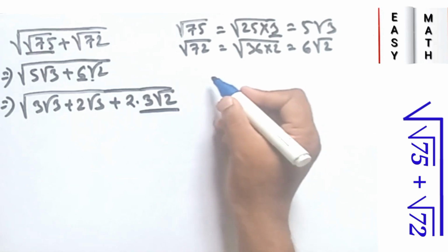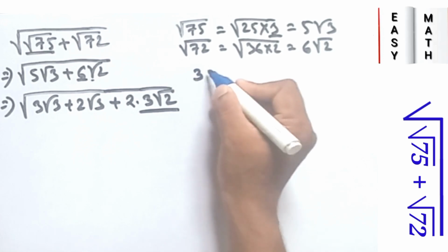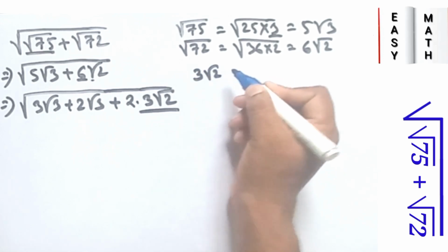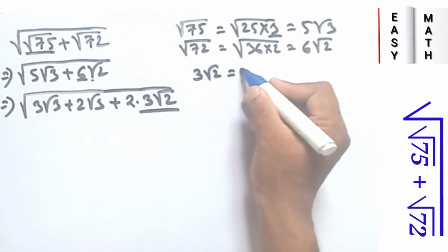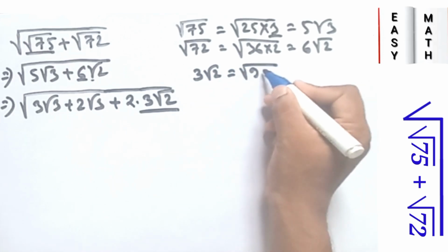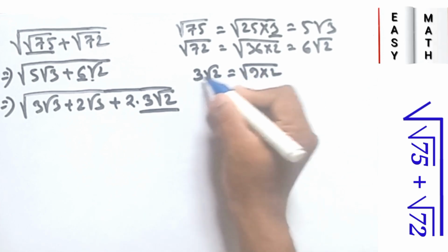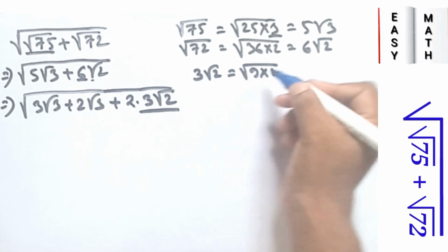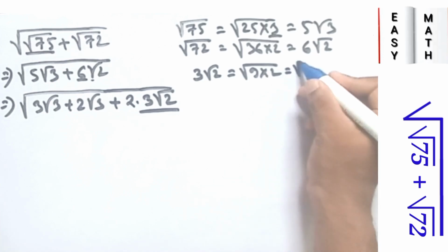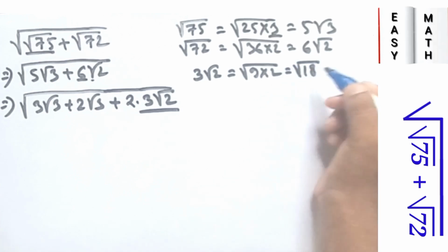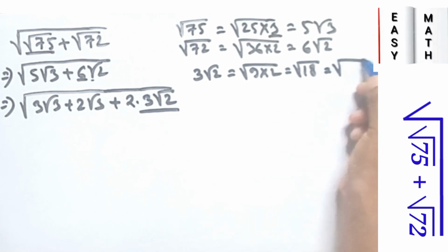This 3 root 2 we can write as root 9 into 2, which is root 18, and this 18 we can write as 6 into 3.